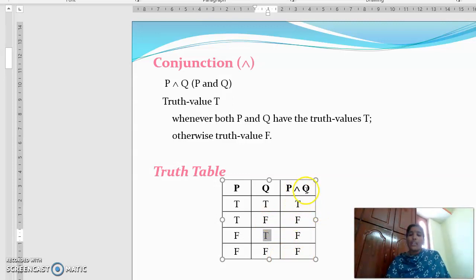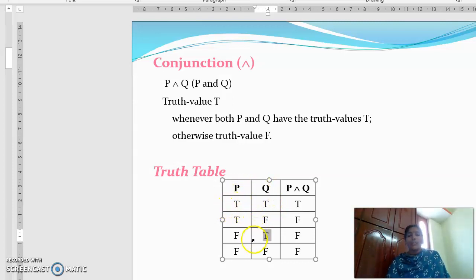When the P value is true and the Q value is true, then P and Q is true, and the remaining three are all false. How many possibilities of truth values do we have? We have two statements, P and Q, so we get four possibilities, which is simply 2 power 2, where 2 is the number of statements.